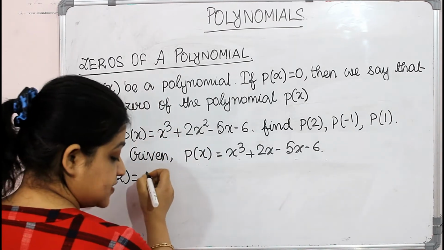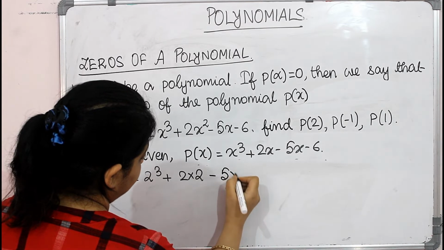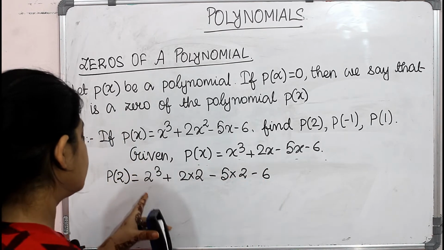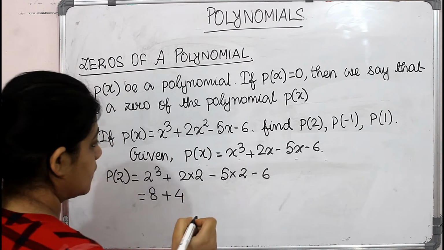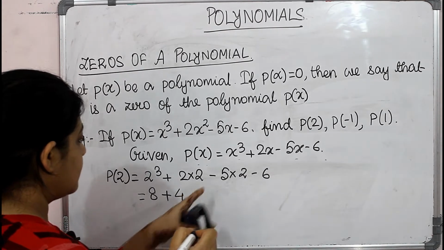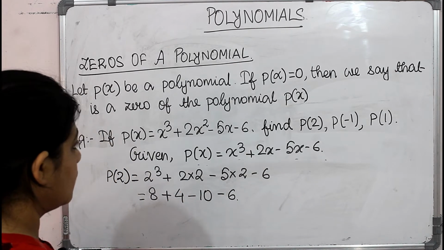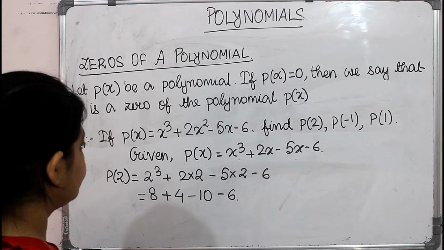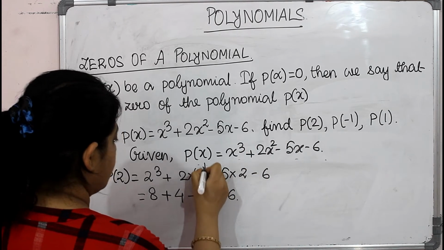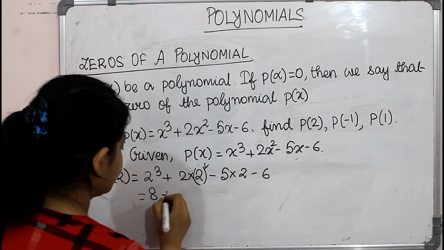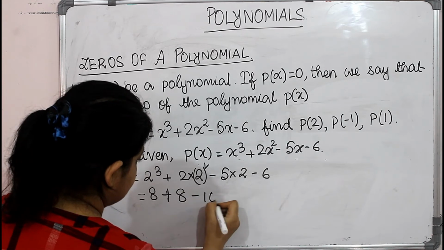This becomes 2 cube plus 2 into 2 square minus 5 into 2 minus 6. 2 cube is 8, 2 into 2 square is 2 into 4, that is 8, minus 10 minus 6.